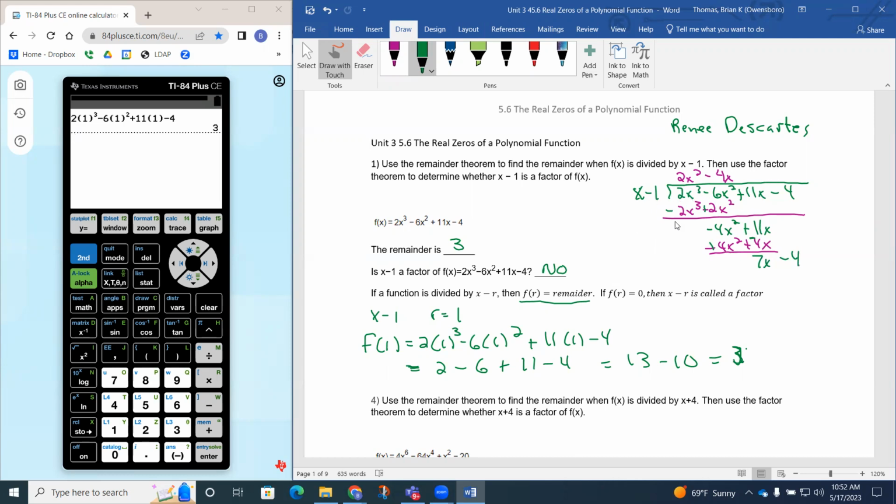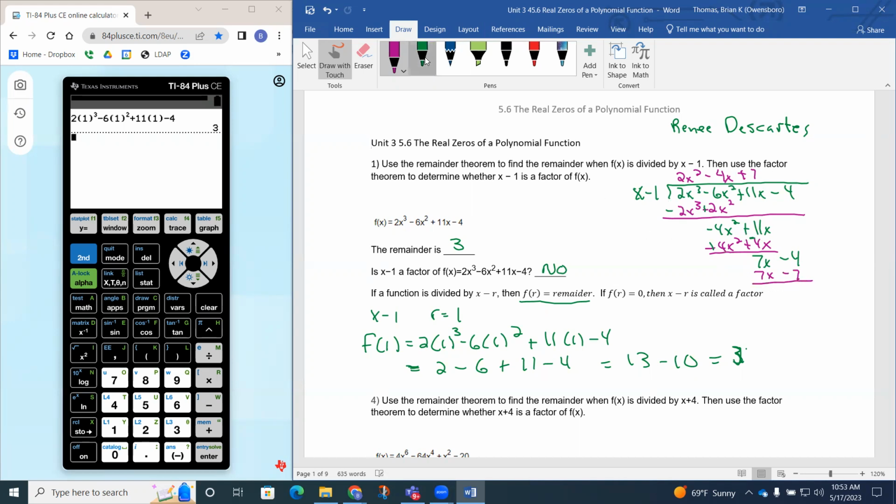And then we do it again. We divide the x minus 1 into this. In other words, what times x minus 1 gives me 7x minus 4? Or in other words, what times x gives me the front end, which is 7x? Well, I would need a 7. So if I put a plus 7 up here, 7 times x is 7x. 7 times -1 is a -7.